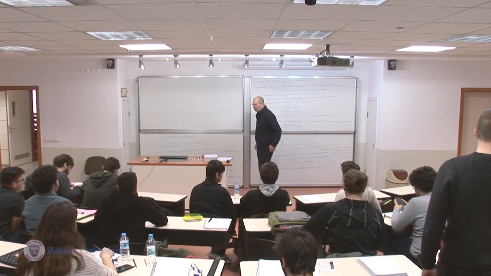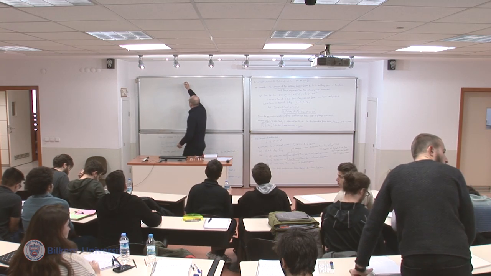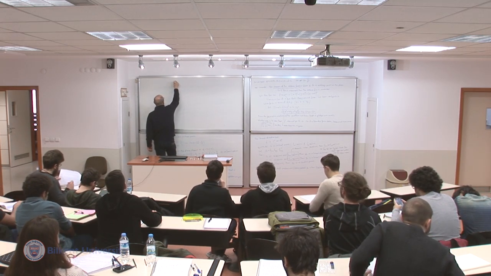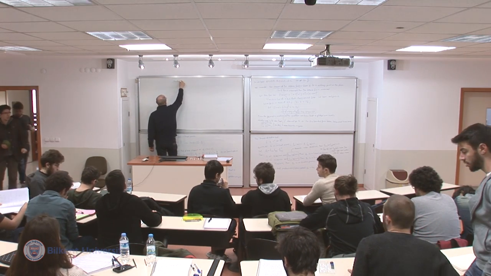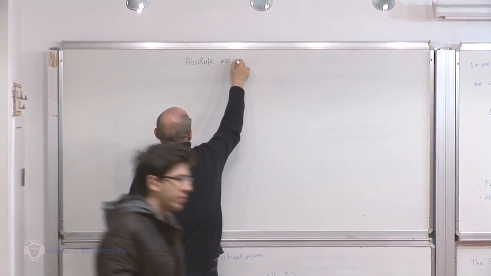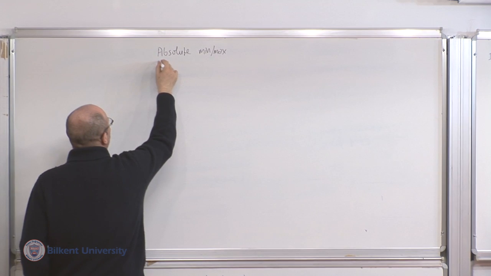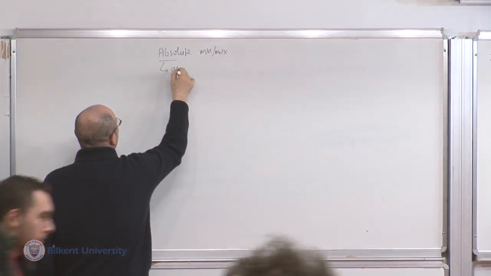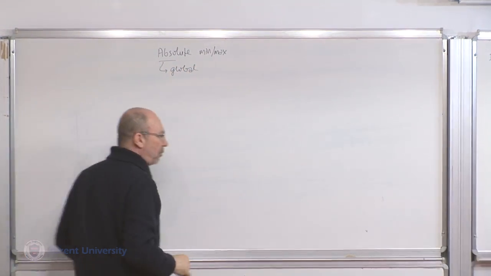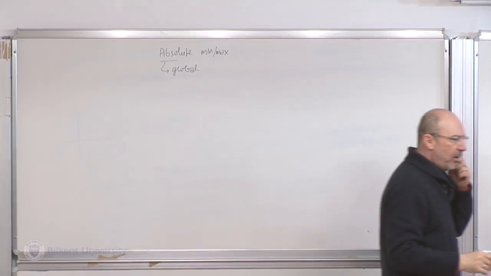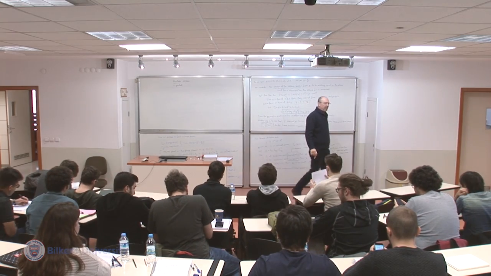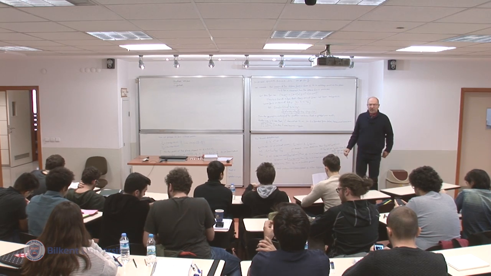Okay, now we will look at a slightly different problem, absolute min and absolute max. This word absolute is sometimes used for global. Again, we'll look at two variable functions.